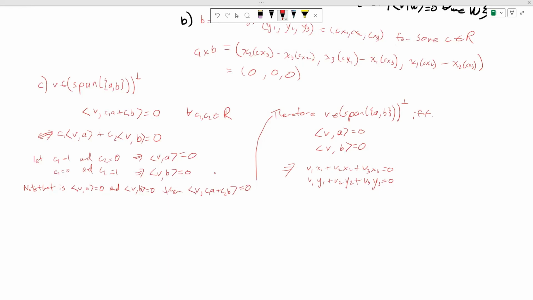So we have a homogeneous system of equations using the vectors x and y. And if we look at that homogeneous system of equations, the dimension of the space is the number of free variables.